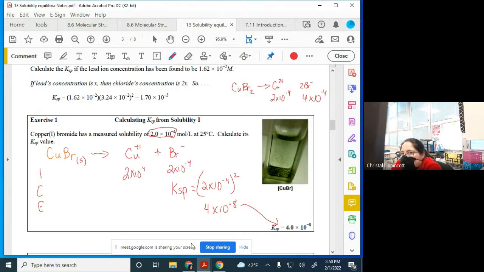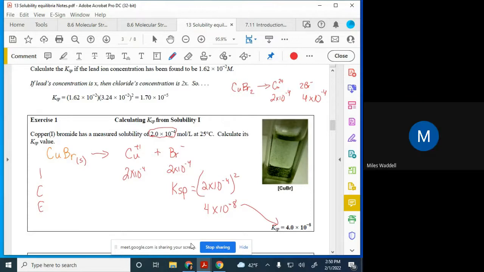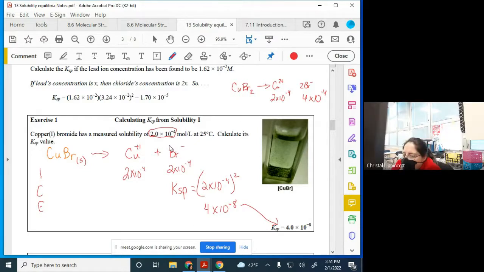You good, Miles? I was just wondering, in the product side, isn't bromine a Brinkelhoff? So wouldn't it be 2? No, it's not a Brinkelhoff. It's only when it's by itself in its pure form. This is an ion form. So this is going to be floating around in water as an ion.